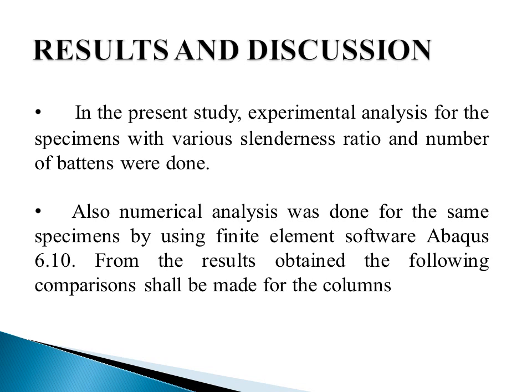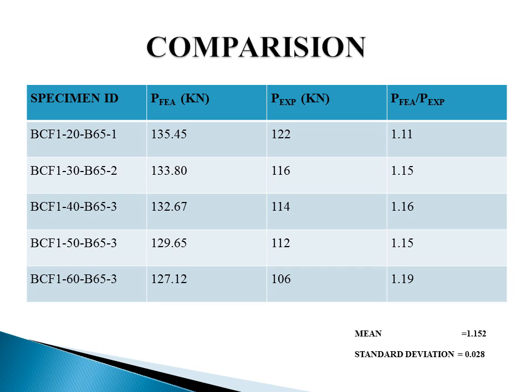Also, numerical analysis was done for the same specimens by using finite element software Abaqus 6.1. From the results obtained, the following comparisons can be made for the columns. This slide shows comparison of loads of finite element analysis and experimental analysis.